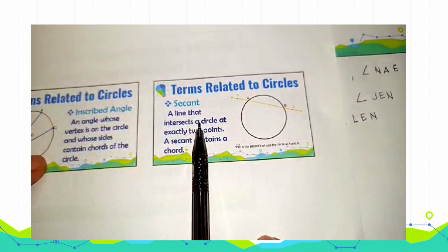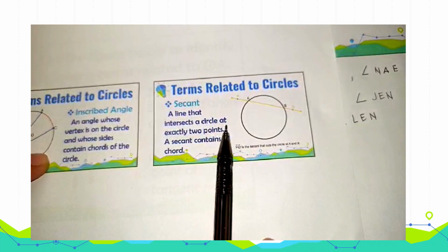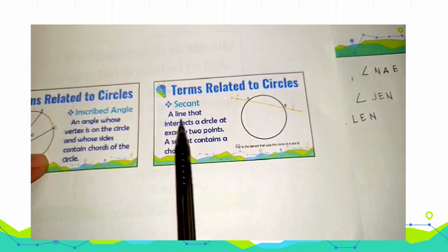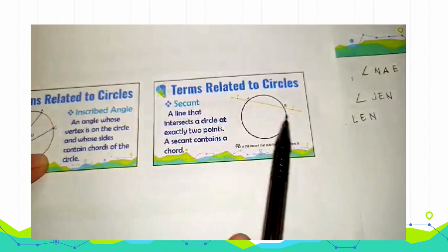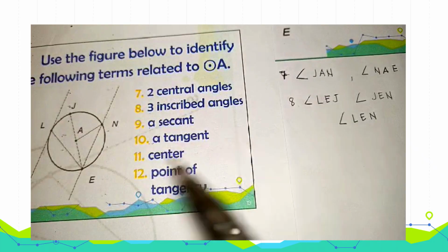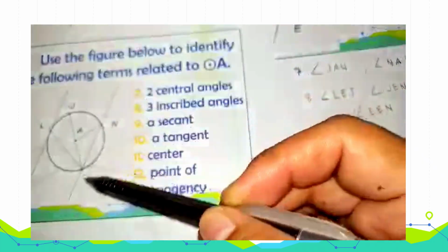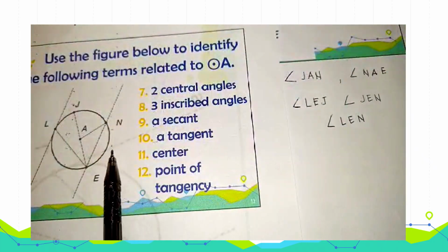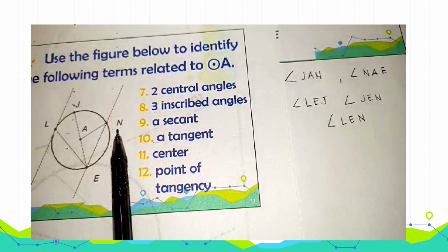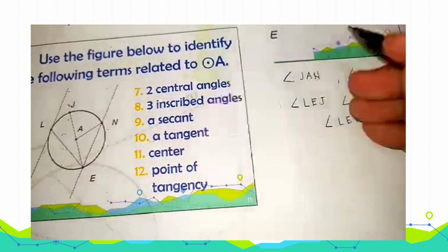Number 9, a secant. A secant is a line that intersects a circle at exactly 2 points. This time, it is not a segment, but a line with arrowheads. So in this figure, we have two lines touching the circle, but we are looking for the secant where a line passes through the circle at 2 points.